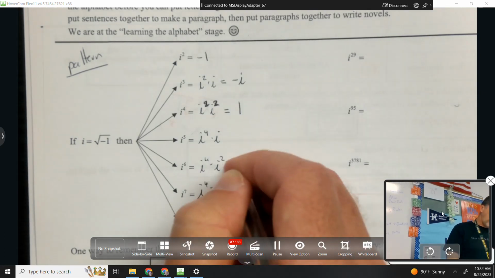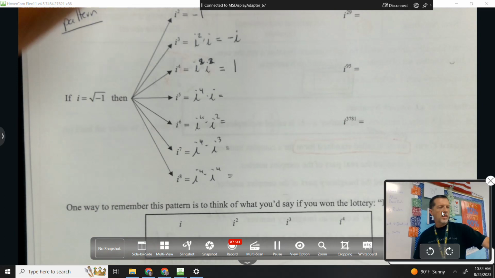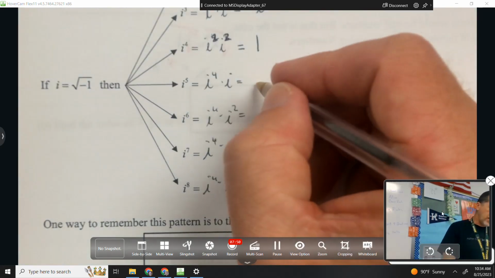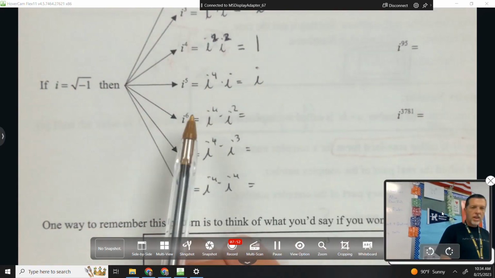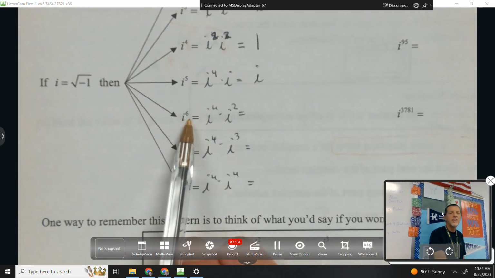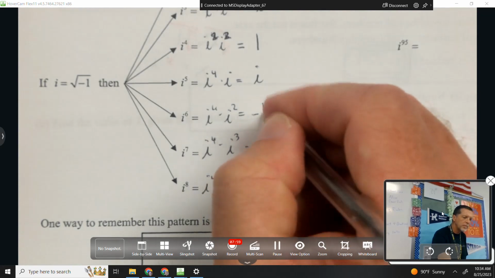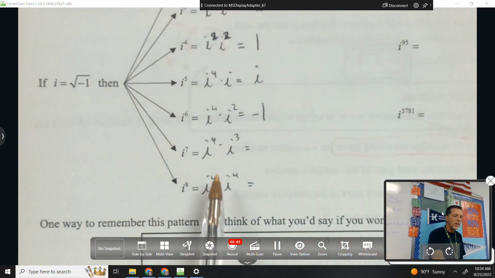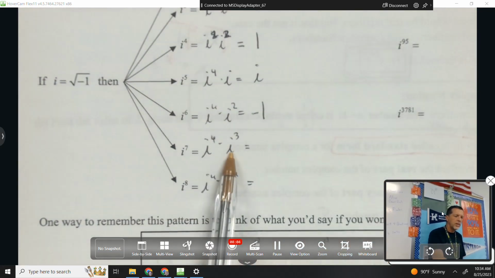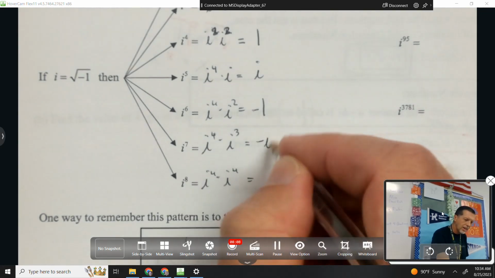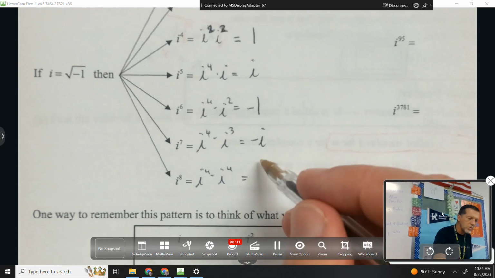And that's helpful because i to the fourth is 1. So now we just repeat the pattern. i to the fifth is i. i to the sixth is i to the fourth times i squared, so 1 times negative 1. i to the seventh is i to the fourth times i cubed, 1 times negative i is negative i. And then 1 times 1 is 1.